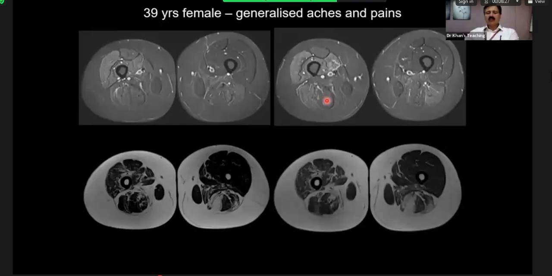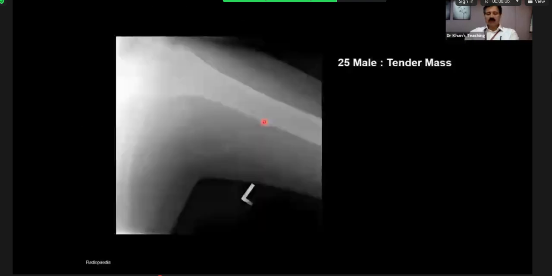Within that, when there is acute over chronic changes, high signal will still persist. Look at this quadriceps, it is healthy. And on T1 also it is healthy. This one has got a bit of high signal and a bit of fatty atrophy. So all kinds of abnormalities can be found in this particular case.